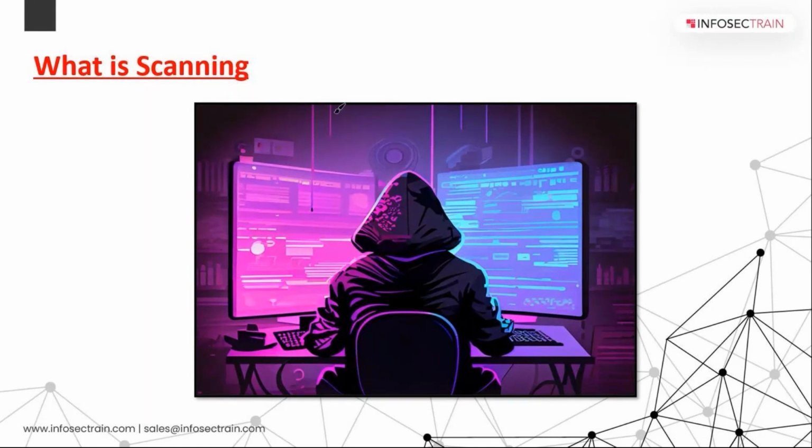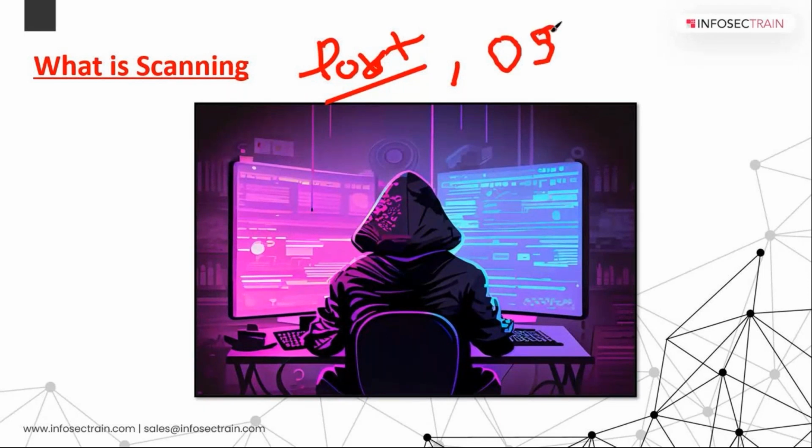There you can see that we can gather multiple things about a particular system, like the ports that are open. You can also get the operating system of the target, whether he is using Linux, Mac or Windows, and which particular version of Windows.